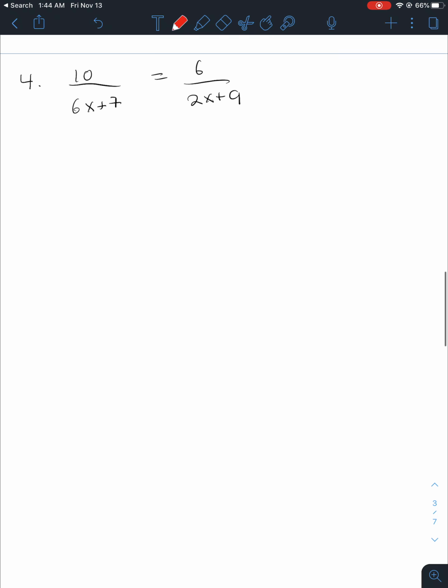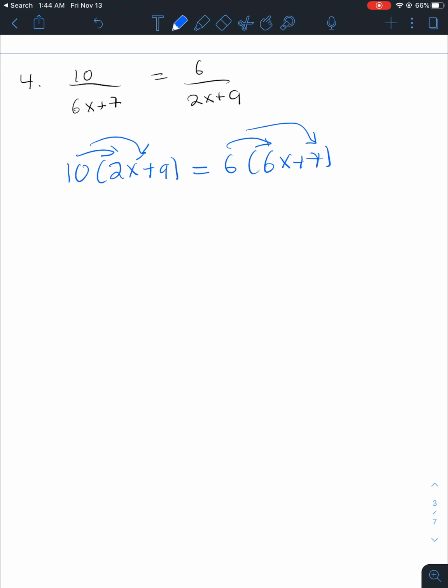So I'm going to go to the next one, which is this one. Once again, I think just cross multiplying here is probably the easiest method to do, and I will just do that. And once again, I would try these problems if I were you. I'm just trying to get you comfortable with the math. And as you can see, I'm distributing my numbers to each part of my binomial.